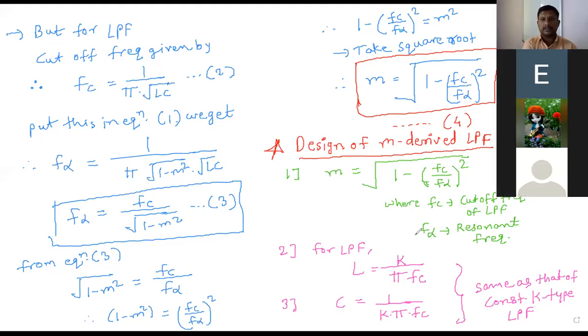Any questions? So for these formulas we require the L and C value. How to calculate? By using the formulas which we use for the constant K-type low pass filter. Only the m formula you have to remember. But the diagram is important. Many students are forgetting the diagram. They are not able to draw the T section and pi section, or if they draw the diagram, they mention the wrong names.